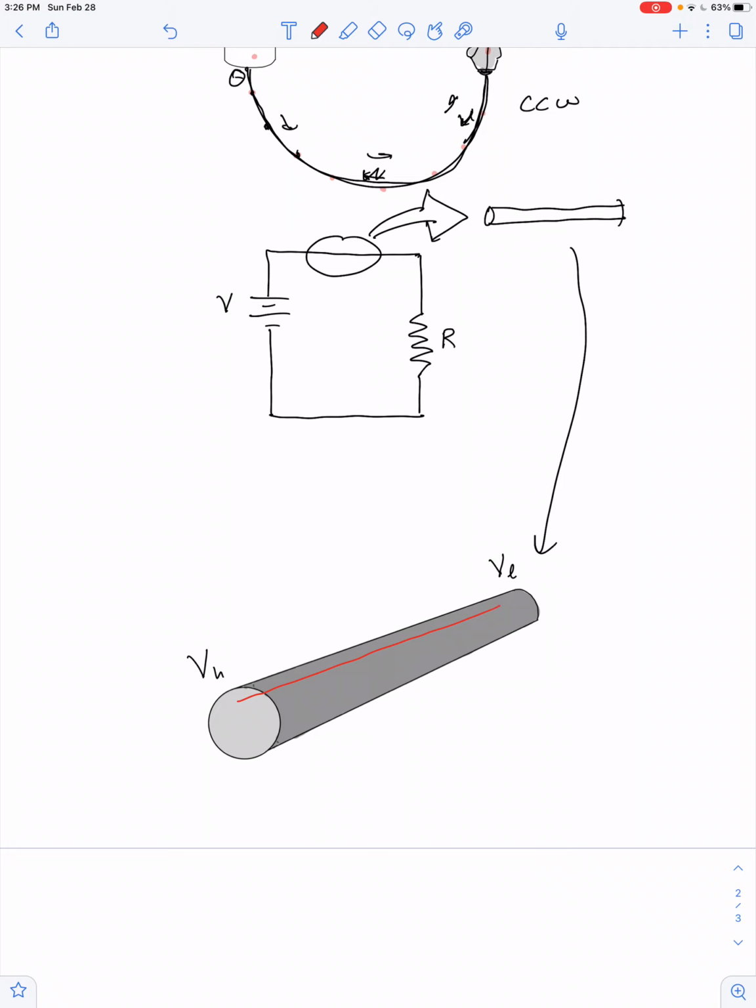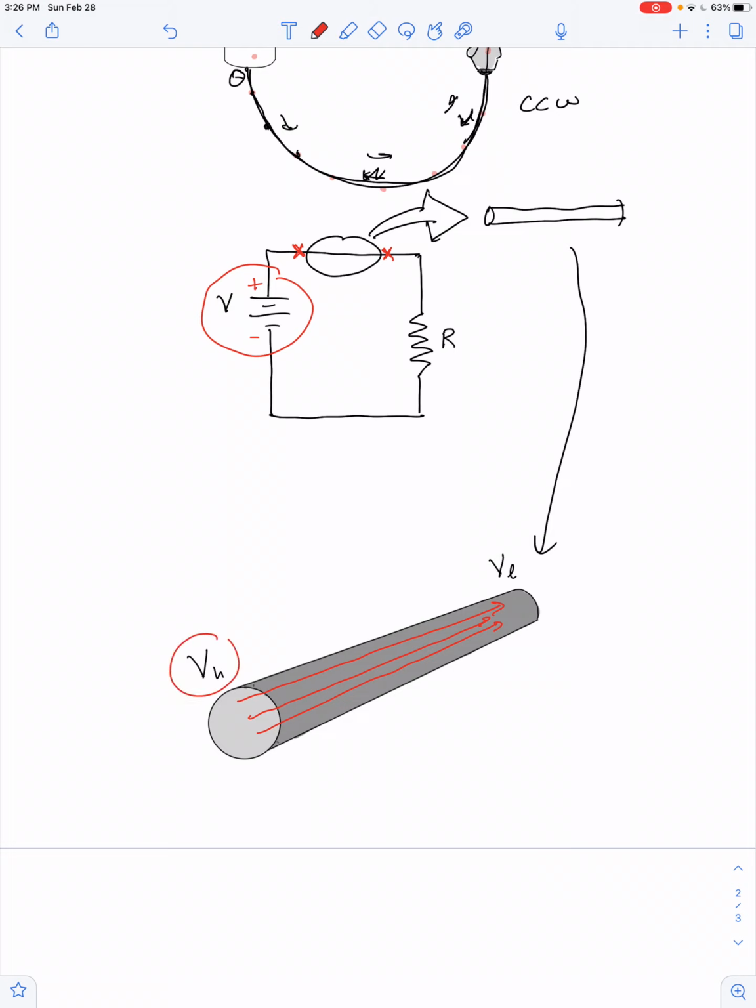Let's draw those again. So that's really the role of the battery. What it does is it maintains a potential difference from one end of the wire to the other. And as long as the circuit remains connected, then that potential difference can't go to zero.